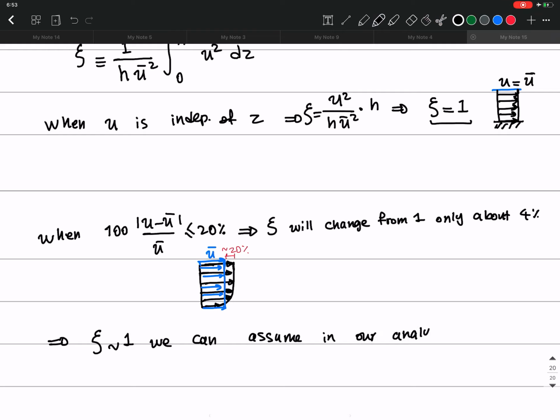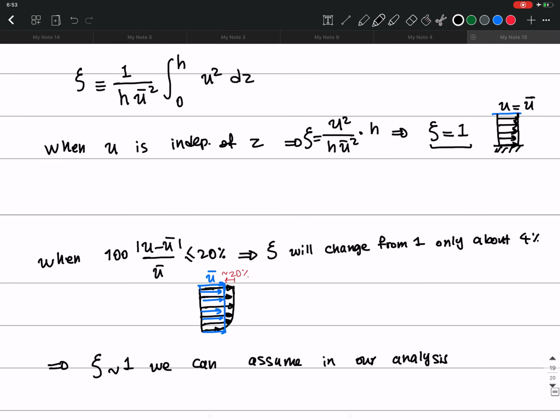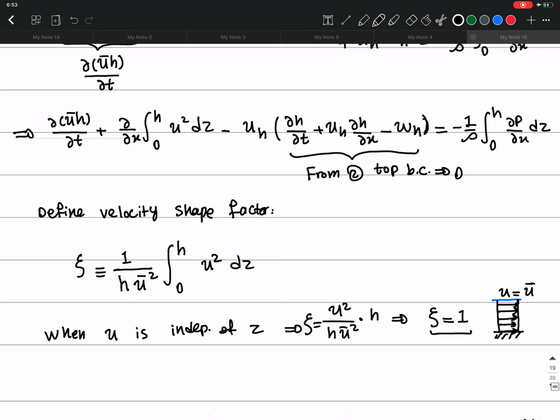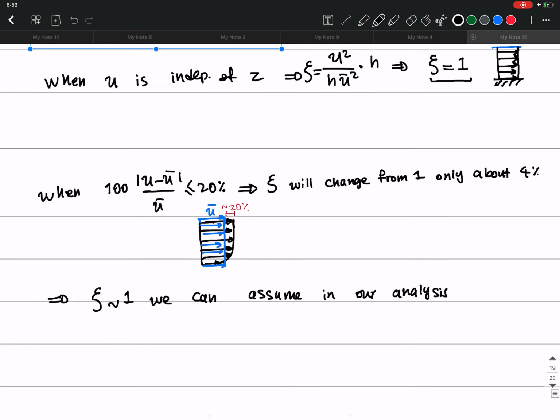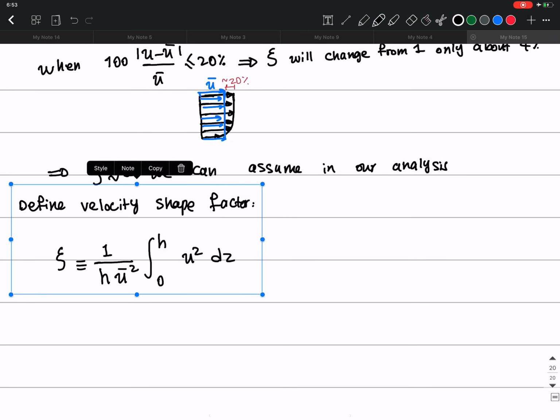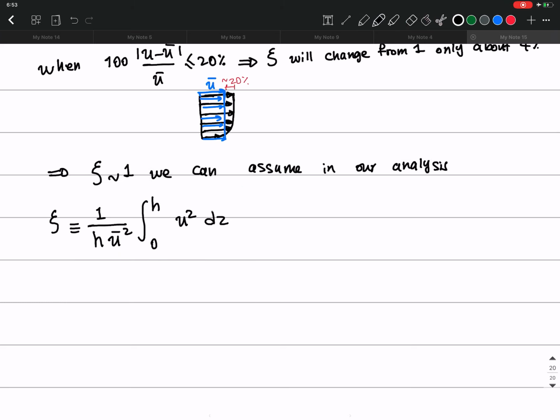If Kc is about 1, then I can write the integral from 0 to h of u squared dz approximately equals h u bar squared.